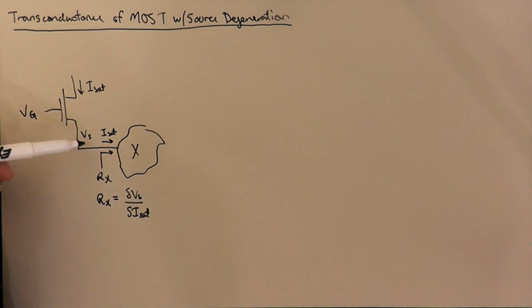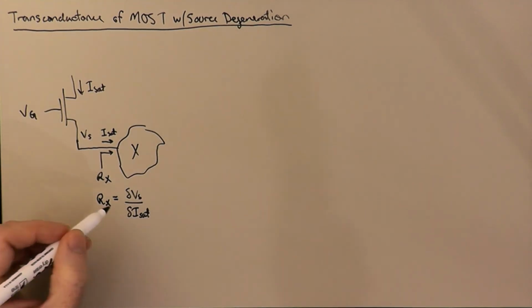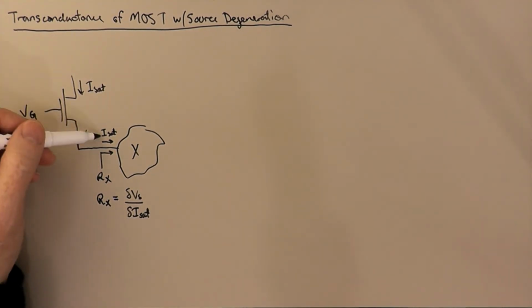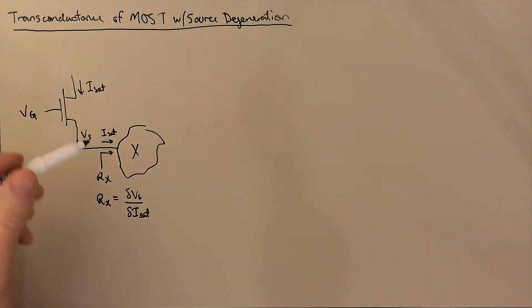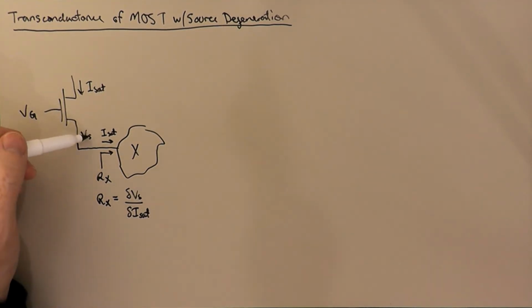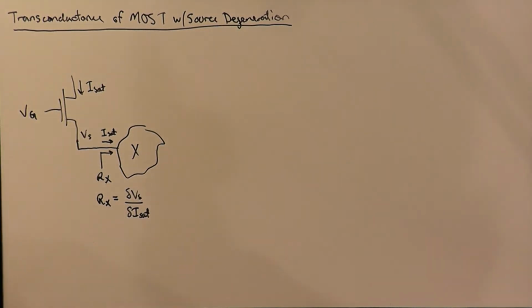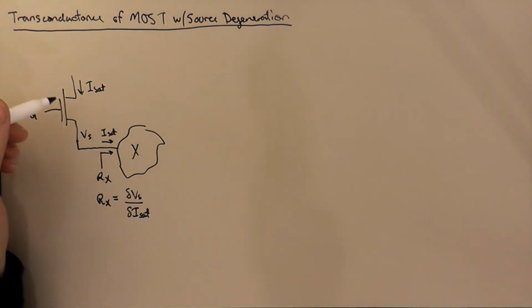So in order for this current to increase by a little bit, the source voltage is going to have to go up by a little bit, and that ratio of by how much the source voltage has to move for a given change in current flowing into this terminal is this incremental resistance.